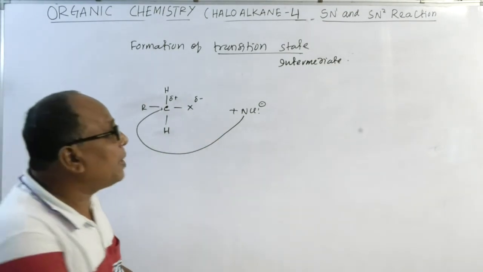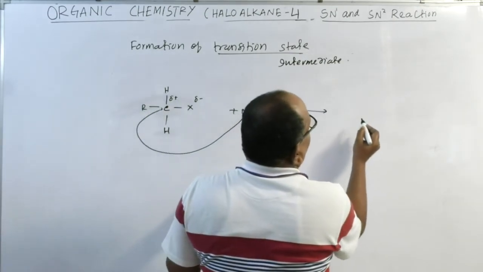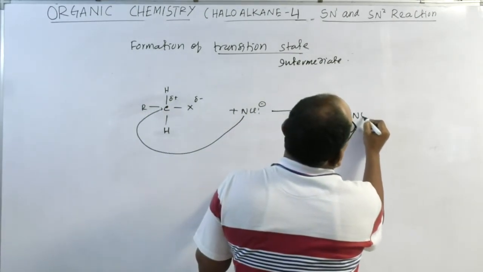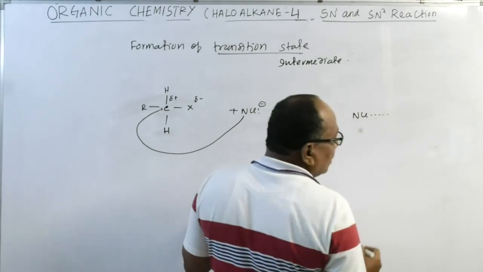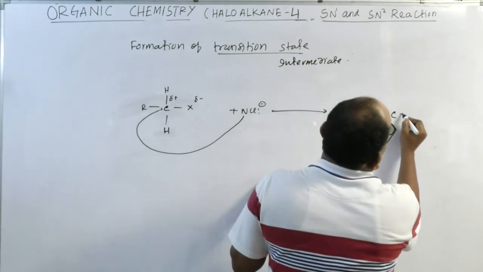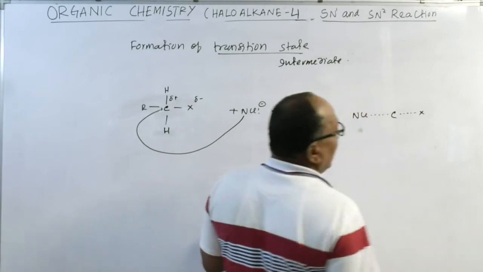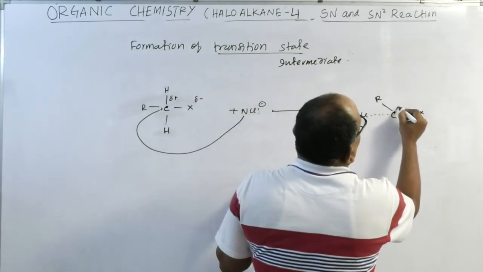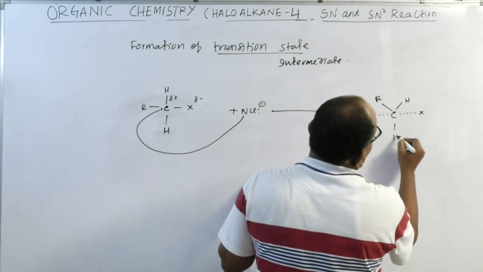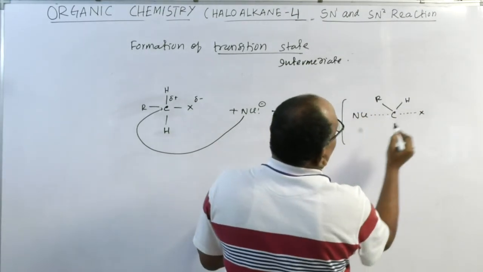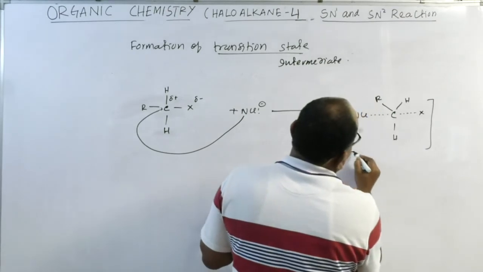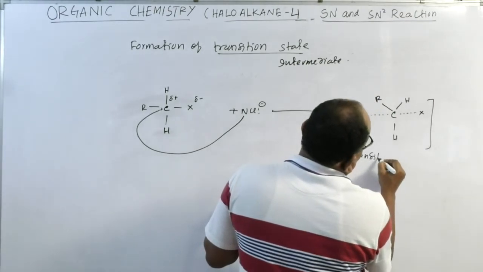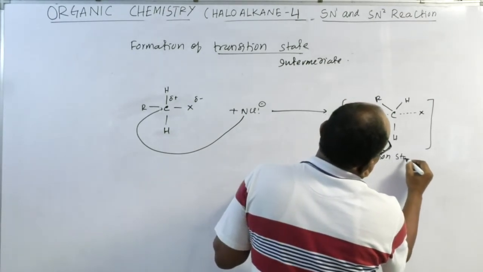And this forms a transition state: this is your nucleophile just entering the carbon atom, this is your outgoing halogen atom, and this is your R, this is your H, this is your H. This is called the transition state.